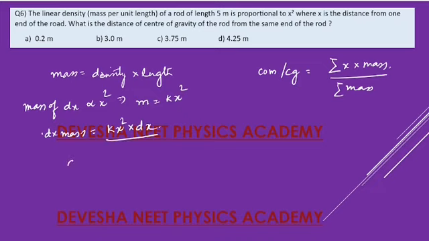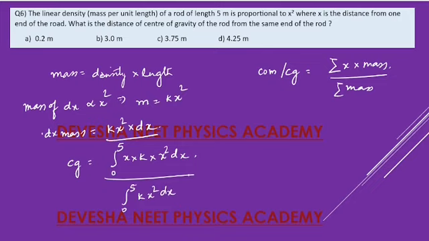So what is CG here? CG, the center of gravity, is equal to integral from 0 to 5 of x into k x square dx, divided by integral from 0 to 5 of k x square dx.